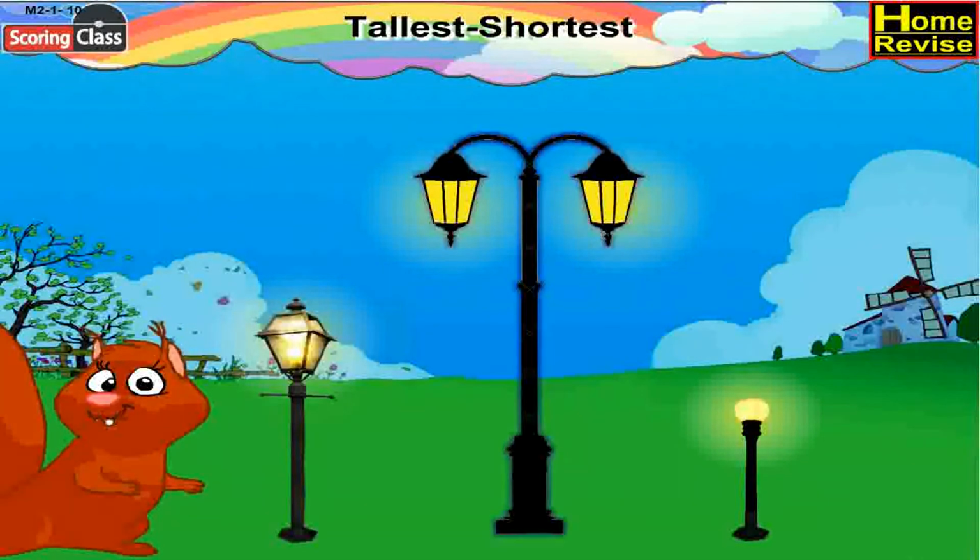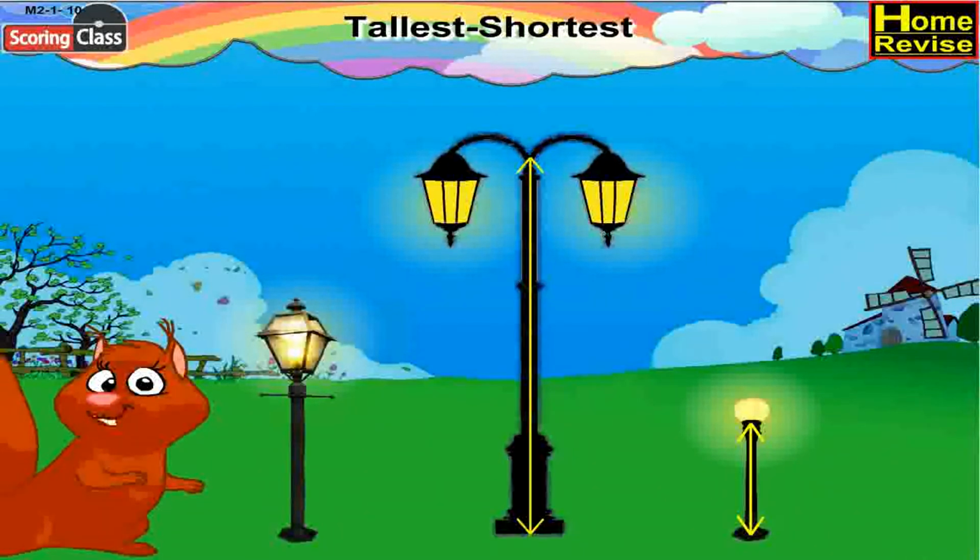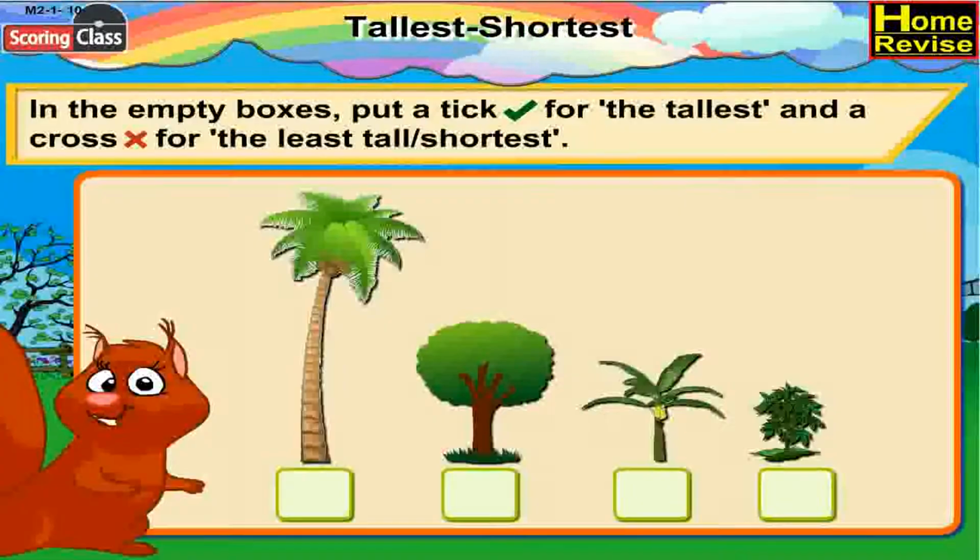The middle lamppost is the tallest. Well, and the third lamppost is shortest. Am I right? All right. Now in the empty boxes, put a tick for the tallest and a cross for the least tall or shortest.